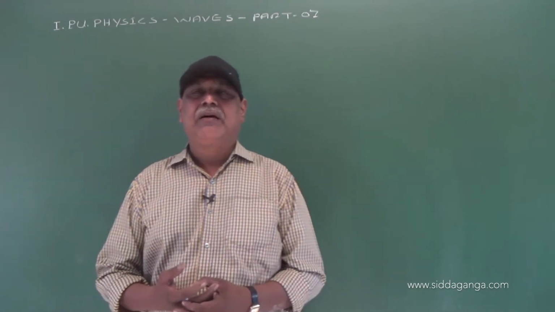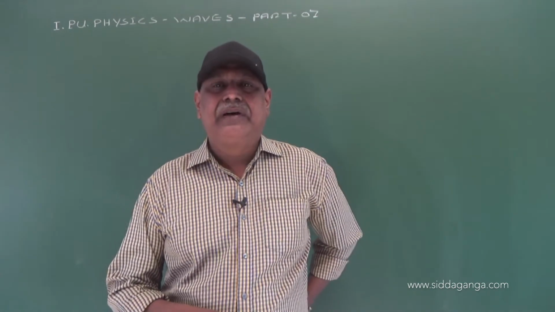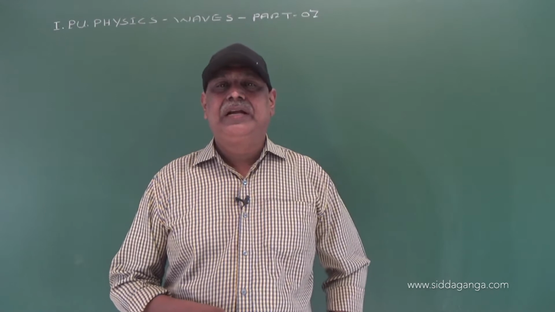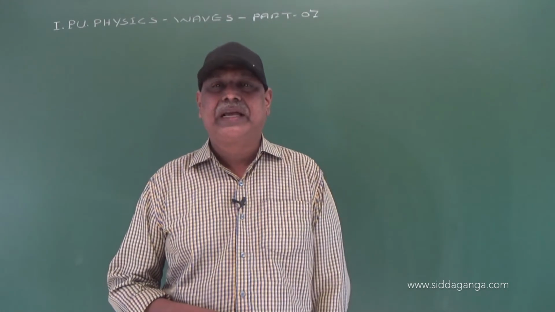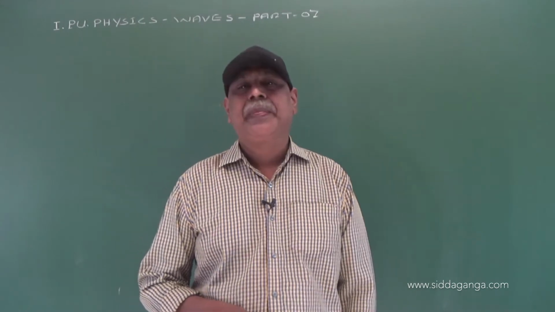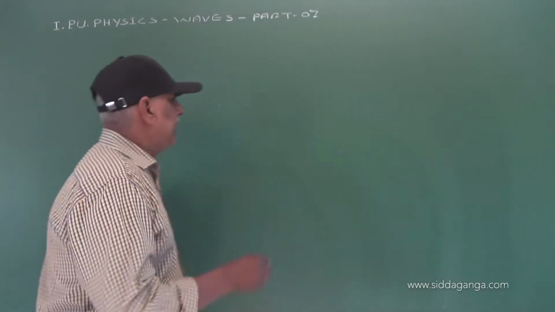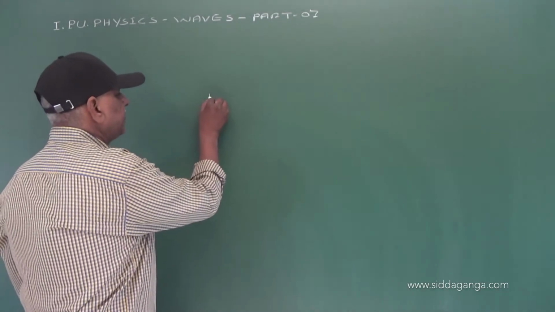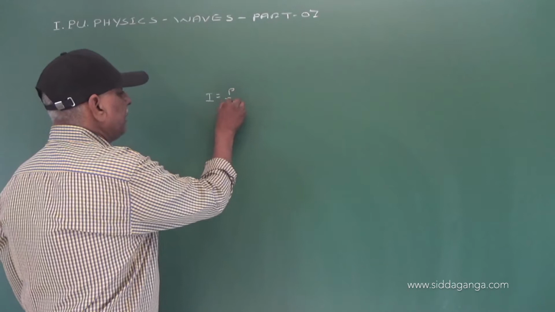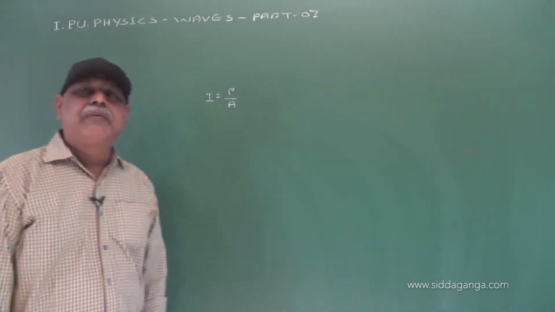So, intensity of a wave is a measure of average energy transported per second per unit area by a wave. Now, the intensity by definition, we have I is equal to P by A, where P is the power of the source.